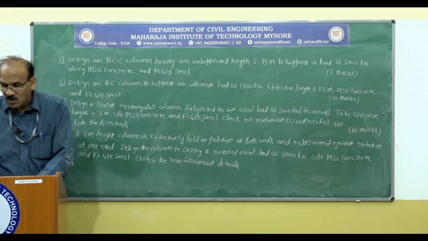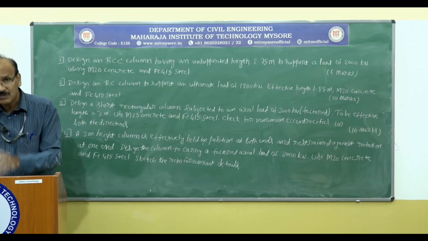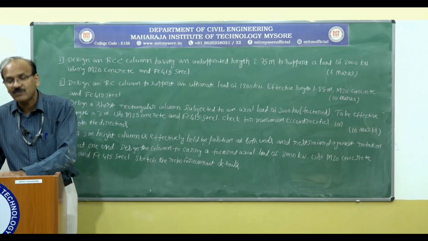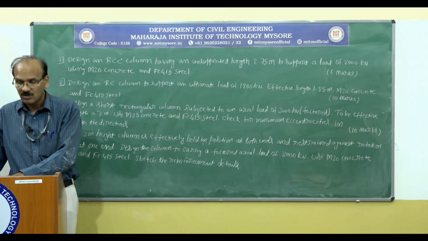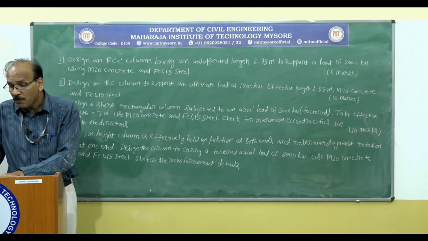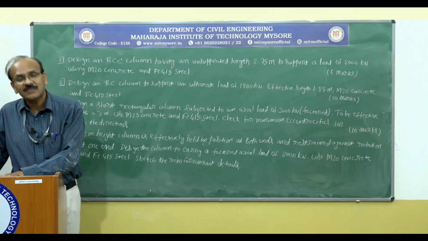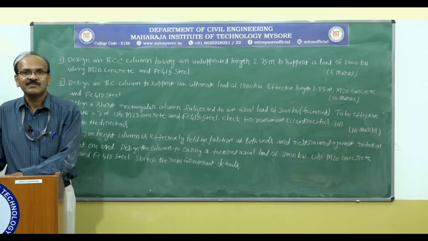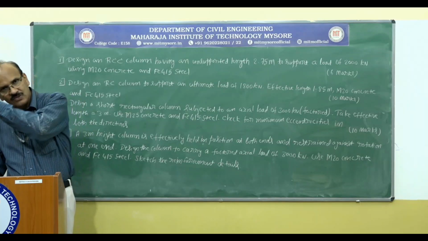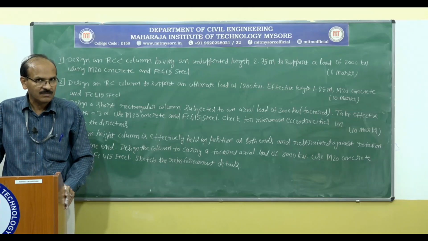For that, what is the recommended value of effective length? Of course, the theoretical value is 0.70 L, but you don't worry about the theoretical value. Instead, you have to go for the recommended value. So the effective length for this column is 0.80 L, where L is the unsupported length. LE equals 0.80 L. Is it clear to you?